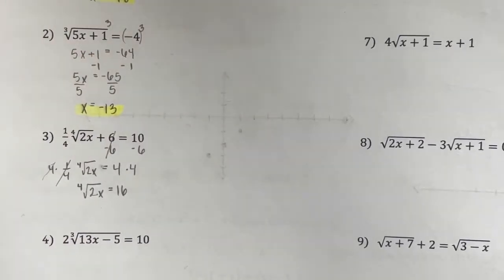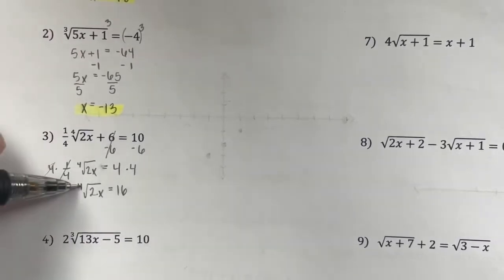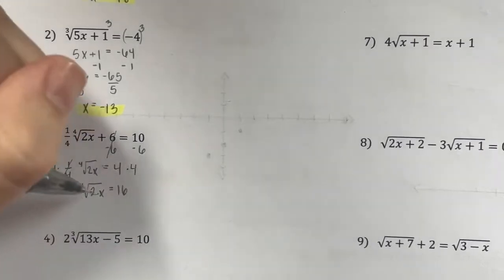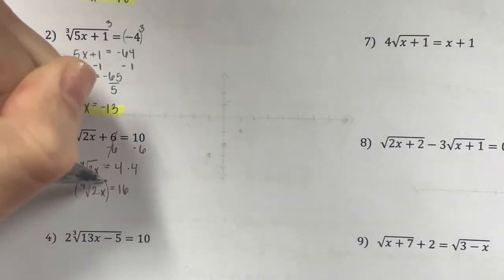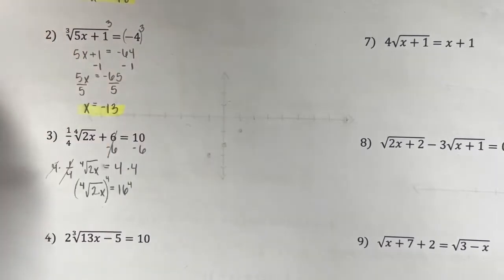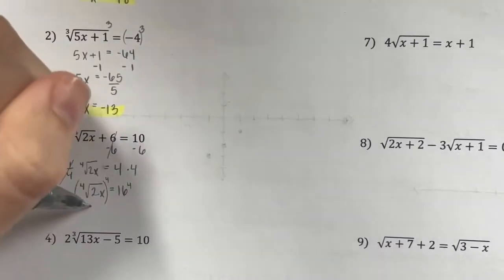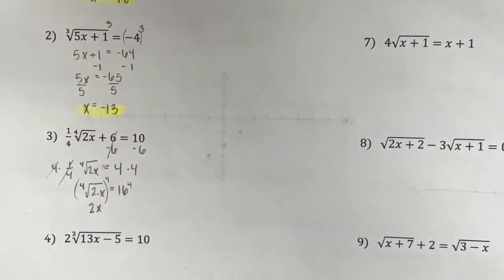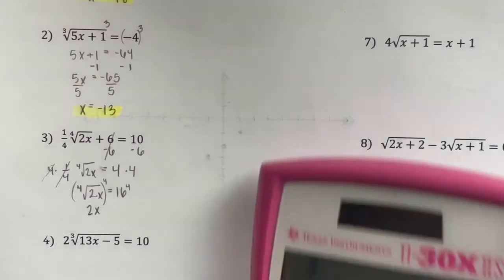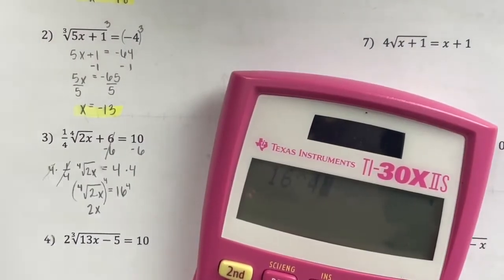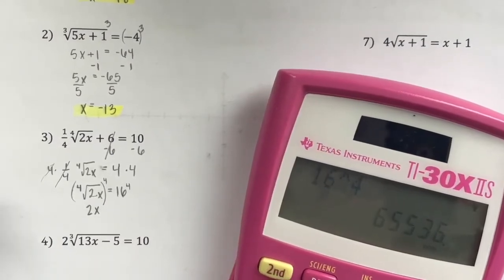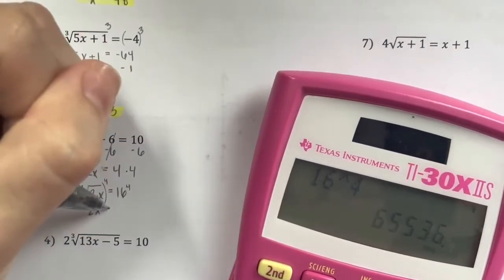And then now I have the radical isolated, so in order to get rid of the radical, I need to raise each side to the 4th power since it's a 4th root. So raising the left side to the 4th power just undoes the radical, and I'm left with 2x. And then 16 to the 4th power is 65,536.